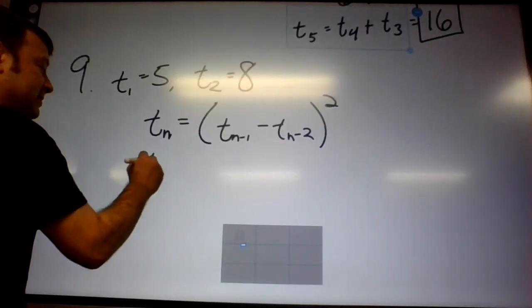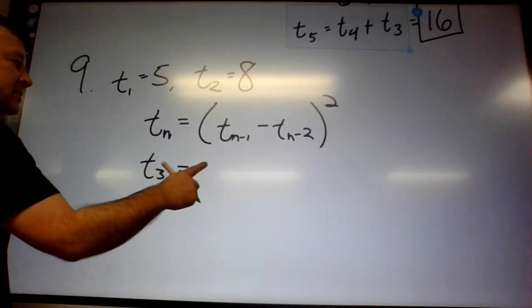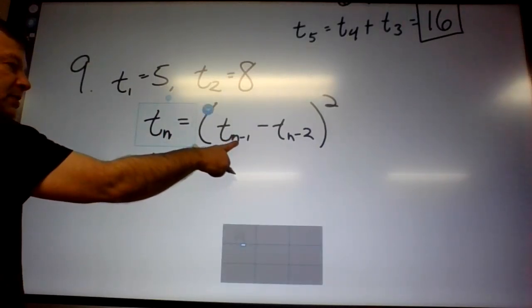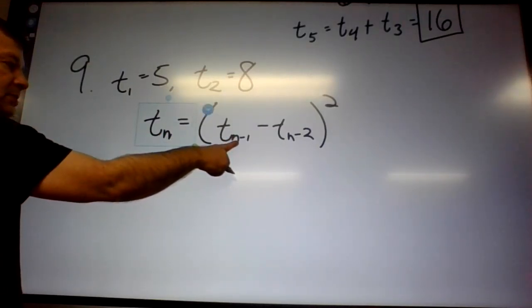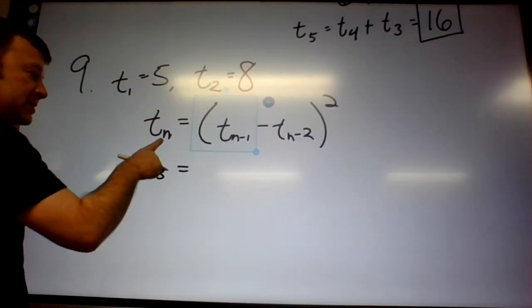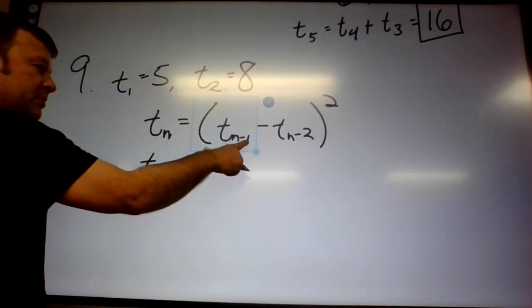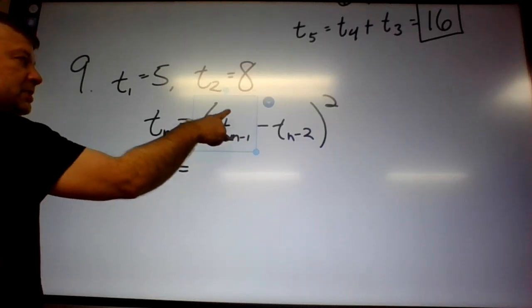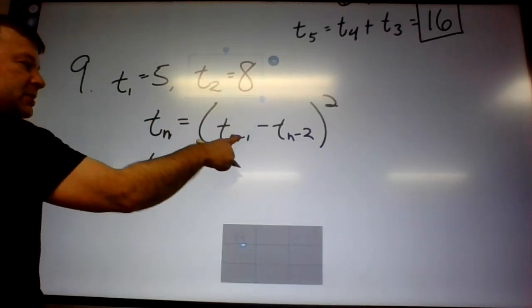Alright. So, if we're looking for the third term, which one will this be? n is 3, so this will be the 3 minus 1, the second term. You guys follow that?